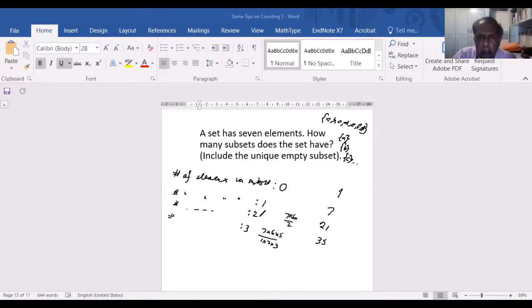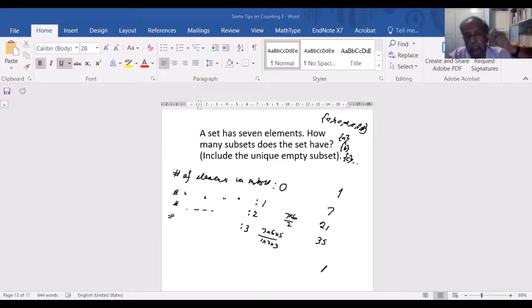Now, I said earlier on, the number of 3-element subsets will be the same as the number of 4-element subsets. I don't know whether you remember that. Because 3 plus 4 is 7. For instance, there we had a set ABC, and we said you leave out DE.